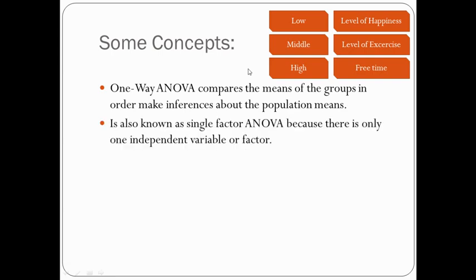So as you can see, in this research, we have three dependent variables: level of happiness, level of exercise, and free time of the three income groups. But you might say there are three independent variables.